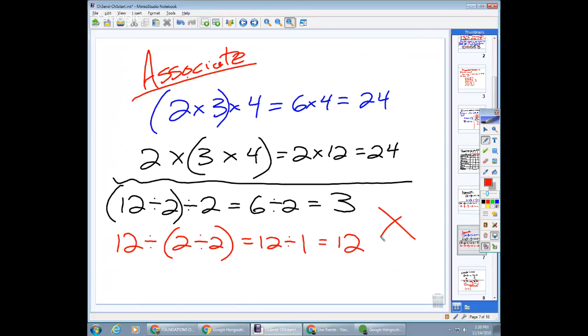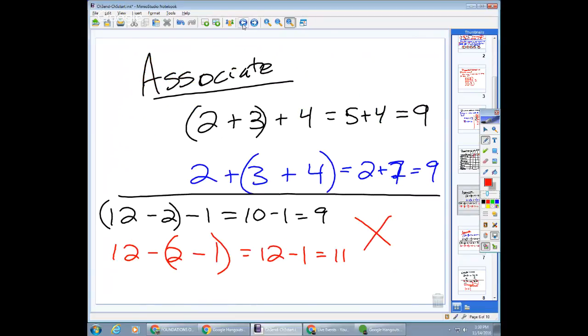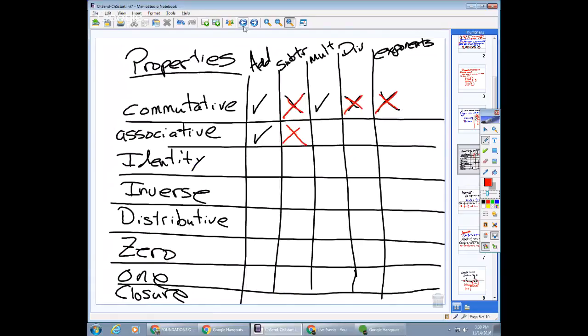Fails. The rough thing about the associative property is you can show something fails with a single example, but you're not showing something's true with a single example. It's just evidence, but it doesn't establish it as true. We need a whole line of thought that goes with it. We're not going to worry about that right now. Okay, so let's see. Multiplication was a success. Division was a failure.